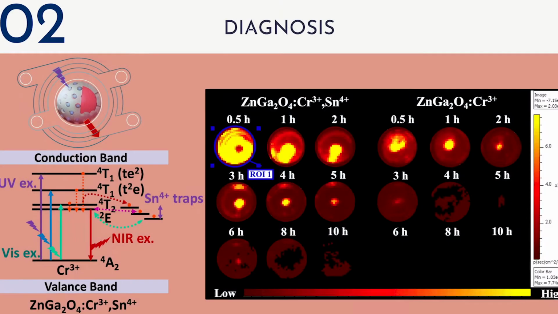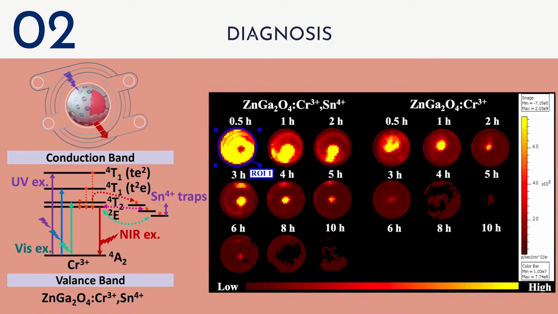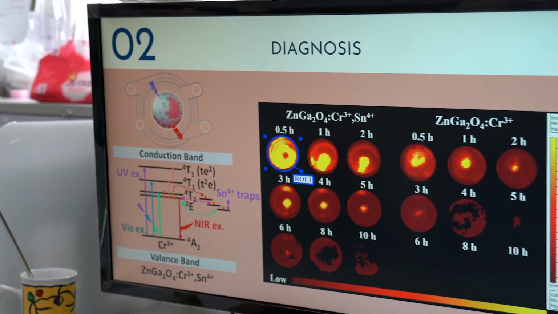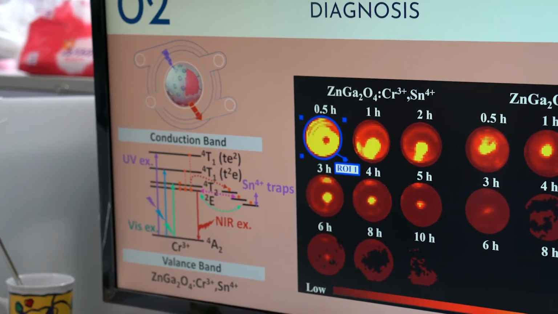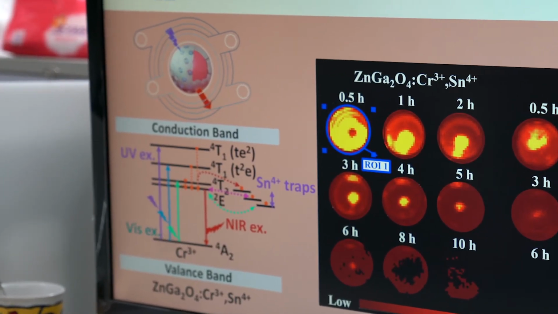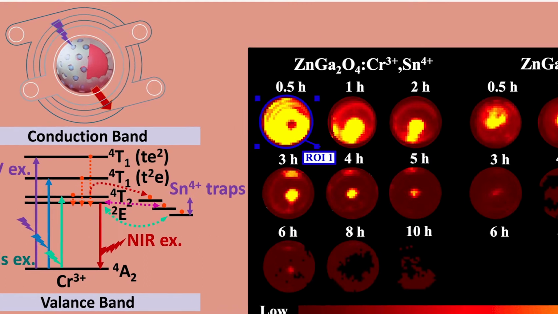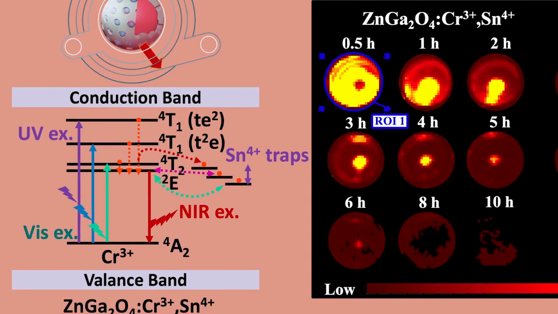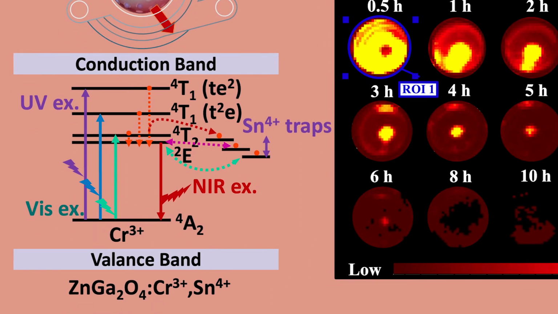So why do we call this nanoparticle a persistent luminescence nanoparticle? This is because the particle absorbs UV light and generates near-infrared light for a long time. It is because the energy gap of the nanoparticle is specific. We can see that when tin is doped into the nanoparticle, the electron trap makes the electrons slowly release from the nanoparticle.